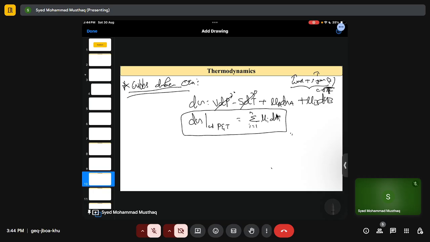Now, what I am trying to do now, friends, let's write G equals mu A NA plus mu B NB.